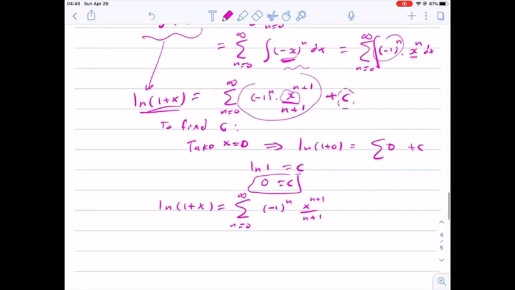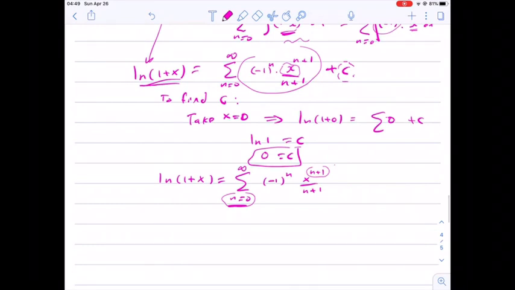Now, sometimes it's preferred if we can write this as x to the power n, not n plus 1. So we can write this as x to the power n by changing those. If we subtract 1 from n inside the series, we add 1 to n in the series notation.